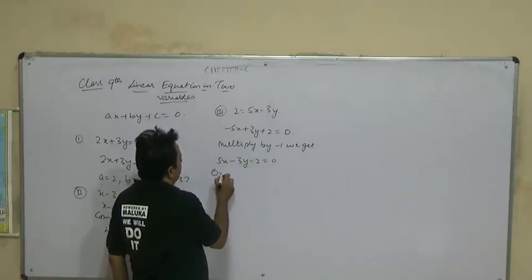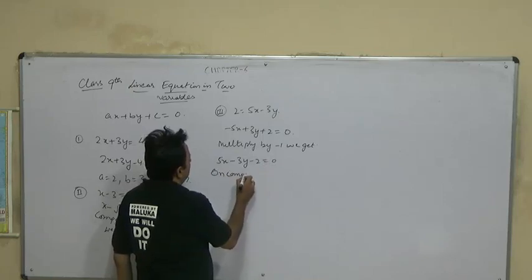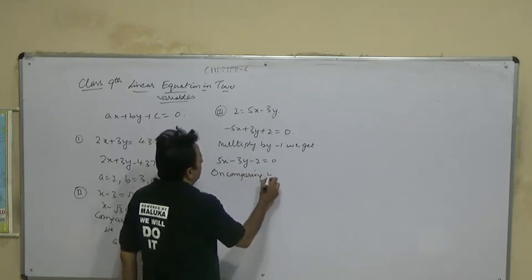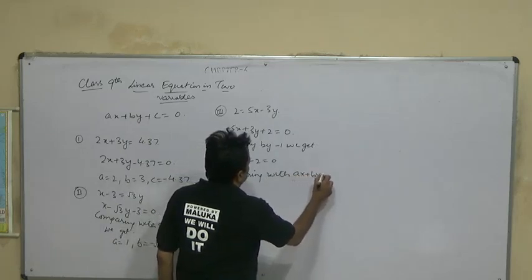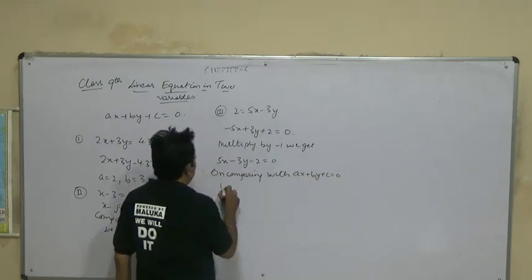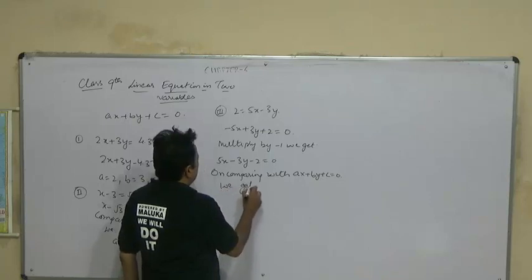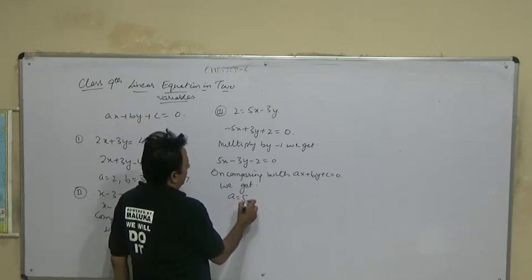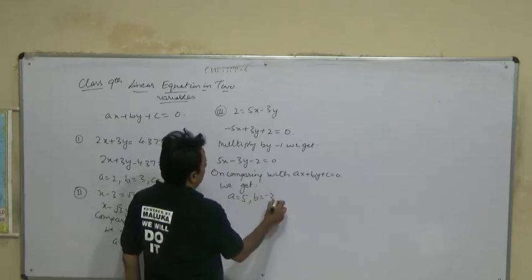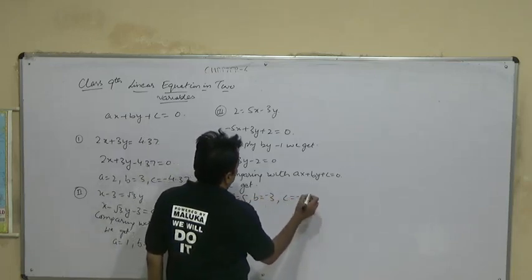So on comparing with ax plus by plus c is equal to 0, we get the value of a as 5, the value of b as minus 3, the value of c as minus 2.